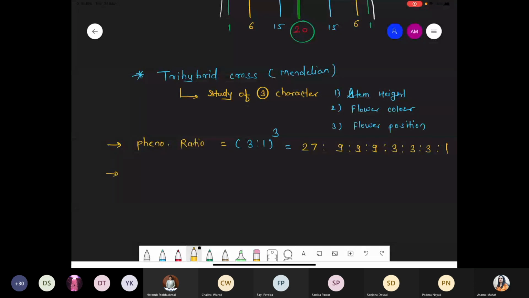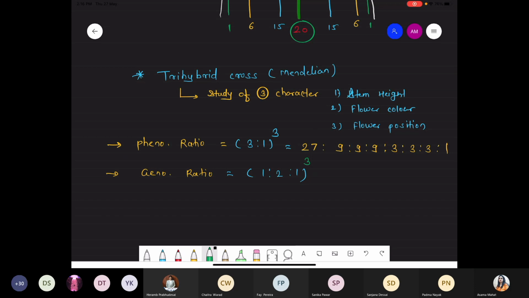And when you calculate the genotypic ratio, it's actually very lengthy, so we are using a shortcut. Genotypic ratio is 1:2:1 for monohybrid. If you want to represent trihybrid, just raise the bracket to 3. Whatever the answer becomes, that is the answer for the genotypic ratio. Don't worry, there is no question on the genotypic ratio of the trihybrid cross because it is quite lengthy.